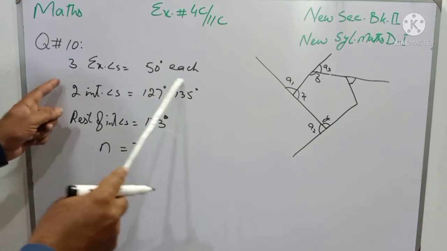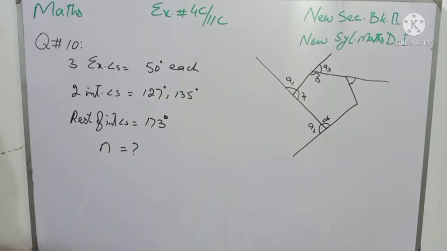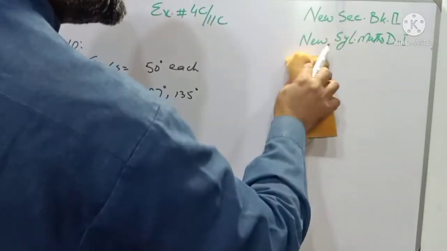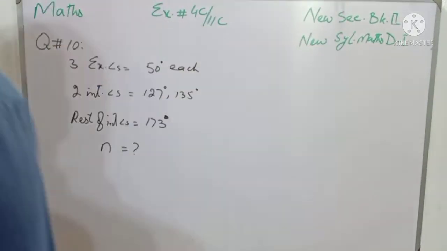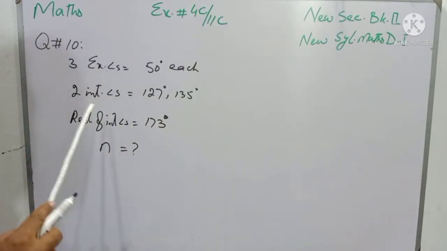Keep in mind all these conditions so that you can find n easily. Again, students, I am repeating: the sum of interior and exterior angle is equal to 180 degrees.